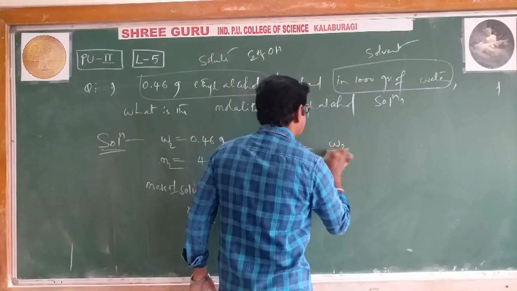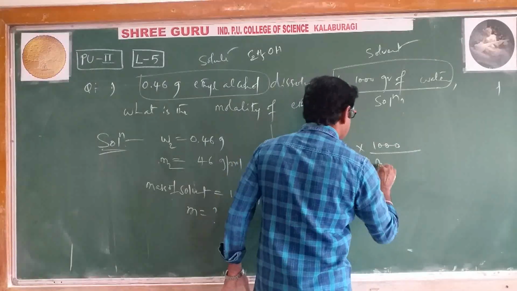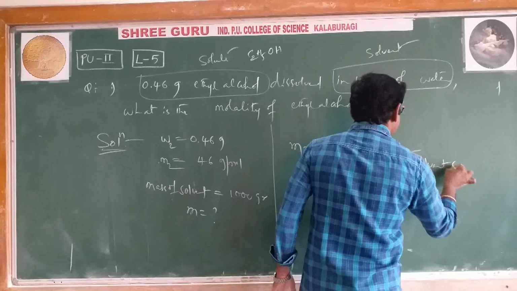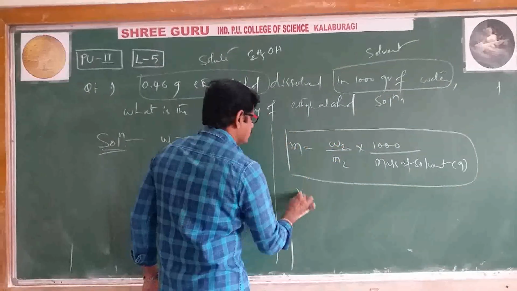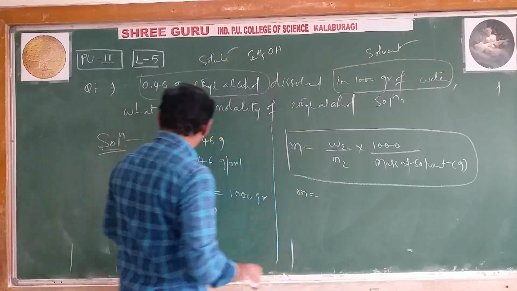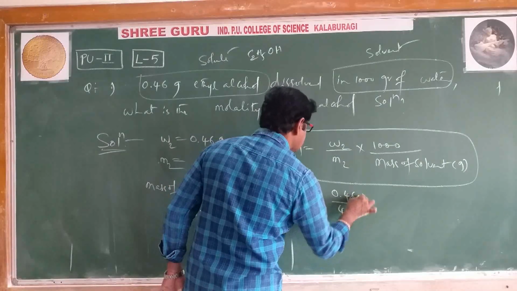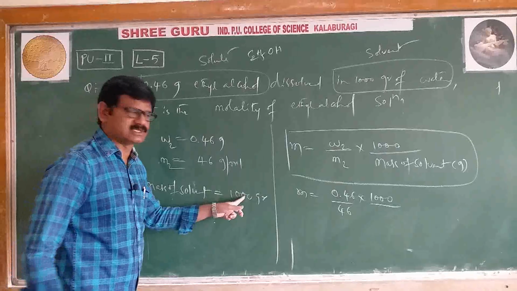What is that? W2 by M2 into 1000 divided by mass of solvent in grams is our formula. Therefore, m equals W2 0.46 divided by 46 into 1000 divided by mass of solvent, also 1000, right?